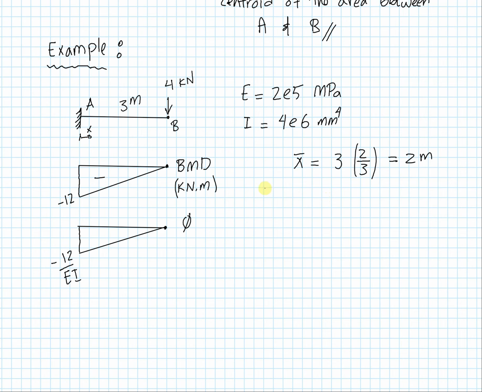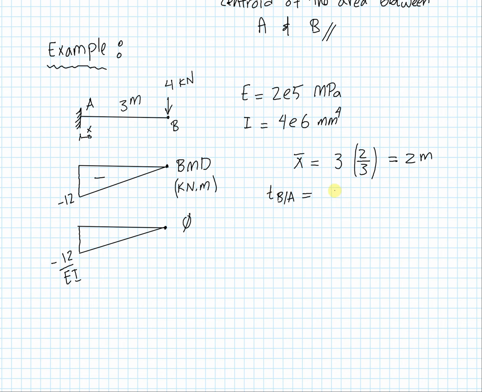The next thing we're going to do is t of B relative to A. So we're interested in the difference in height between the tangent of B and the tangent of A. We know that the tangent of A is flat because point A is a fixed end point, and it's going to have a 0 slope scenario.